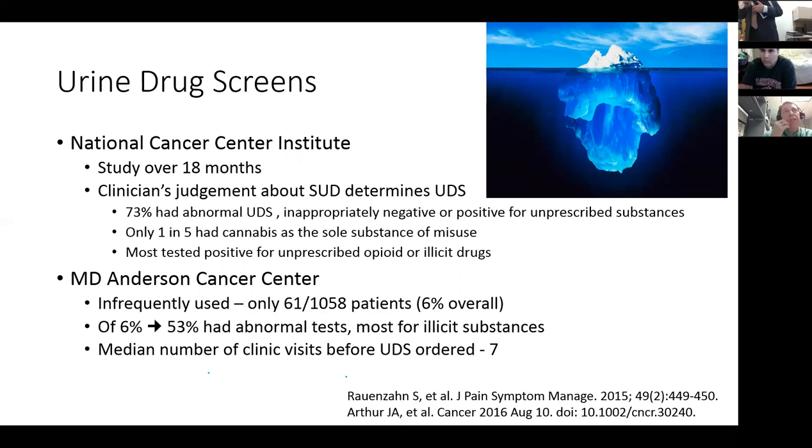What they found is that 73% of these people had abnormal urine drug screens, either inappropriately negative or positive for unprescribed substances. Only 1 in 5 actually had cannabis as the sole substance of misuse. Most tested positive for unprescribed opioids or illicit drugs.